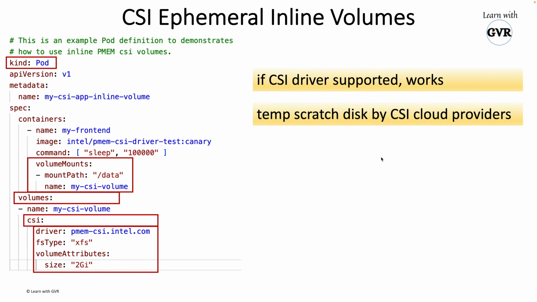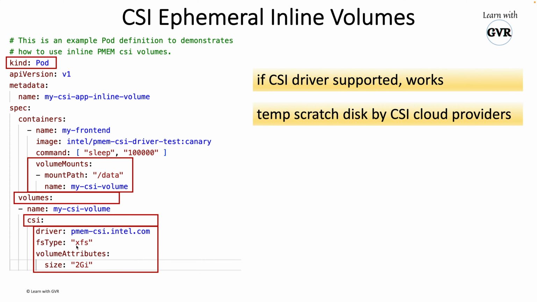A CSI driver ephemeral inline volume is something like a temporary scratch disk from a cloud provider. Intel.com is also one of the cloud providers, because it provides storage. A temporary scratch disk is like a scratch card: you scratch it once, see the number, and throw it away; it expires.